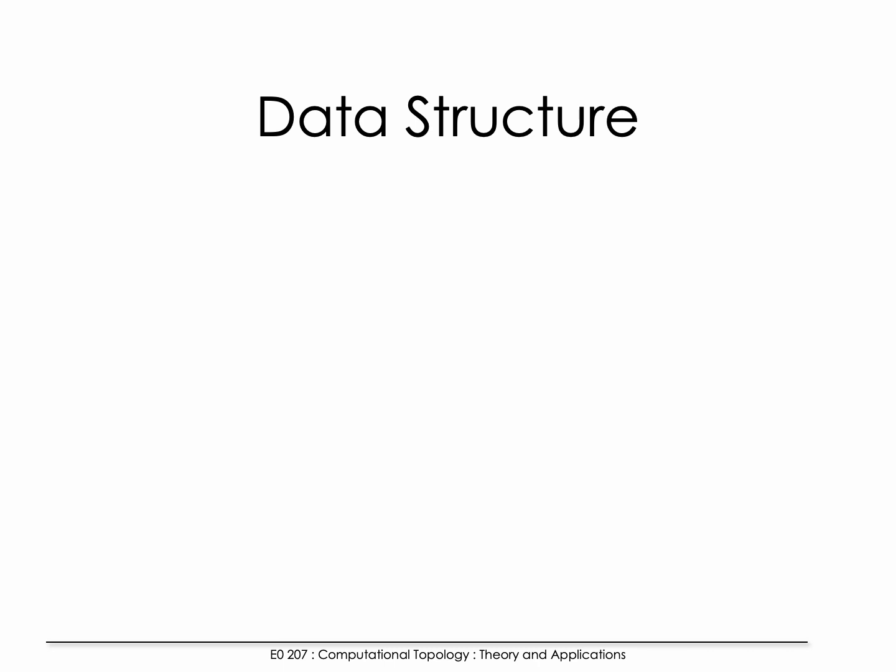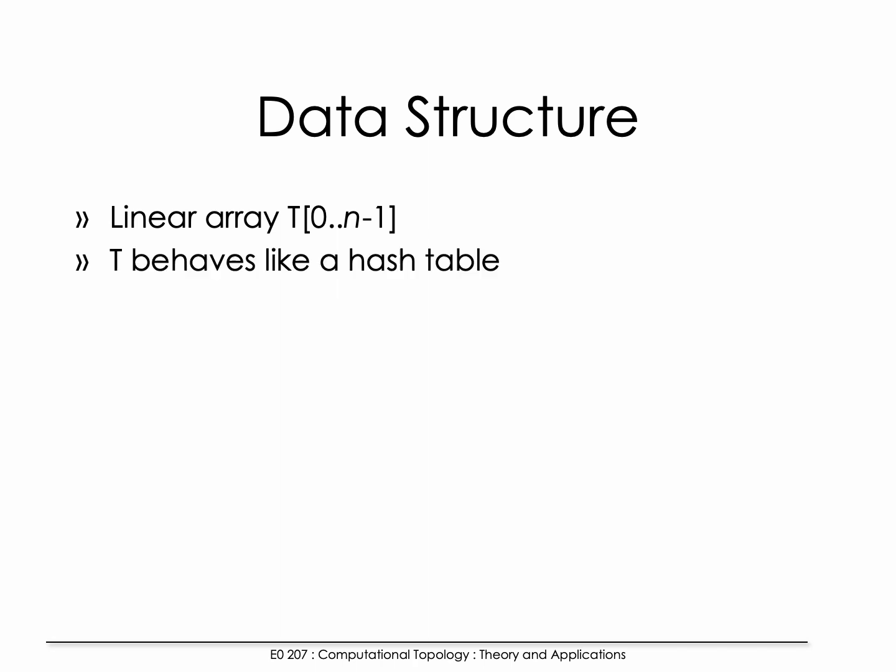The cycle search algorithm maintains a data structure. Let's look at what data structure it maintains. This is essentially just a linear array, let's call it T, and it has n entries corresponding to the n simplices that you are going to insert. You can imagine, if you care about the implementation, that T behaves like a hash table.